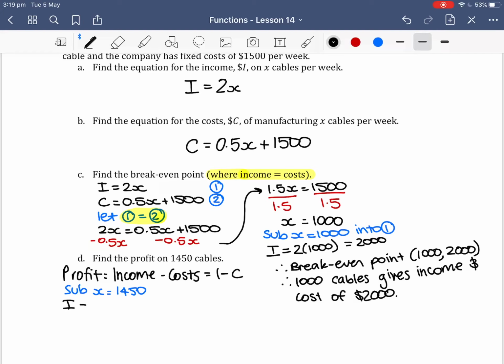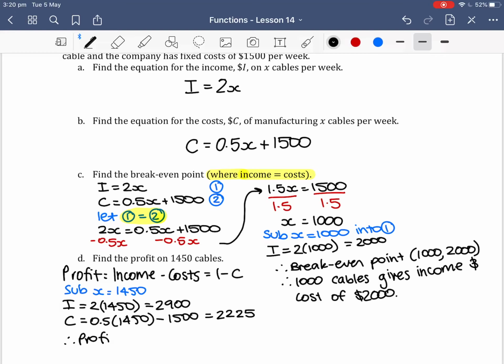Sorry about that. It would be I equals 2 times 1,450, which equals 2,900, and C equals 0.5 times 1,450 plus 1,500, which equals 2,225.